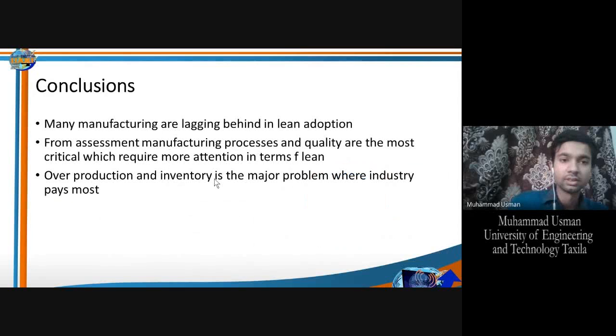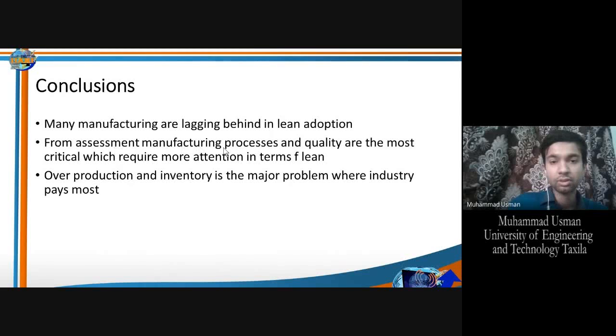Conclusion: many manufacturers are lagging behind in lean adoption, as is seen in the results. From the assessment, manufacturing processes and quality are the most critical, requiring more attention in terms of lean because our whole manufacturing and the final product depend on quality and customer certification.